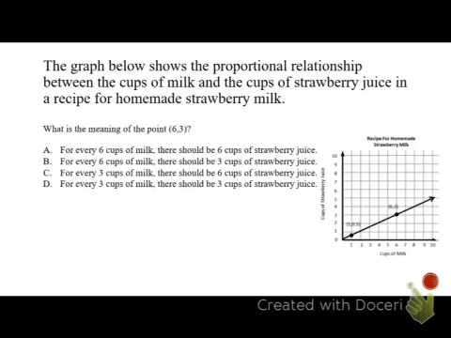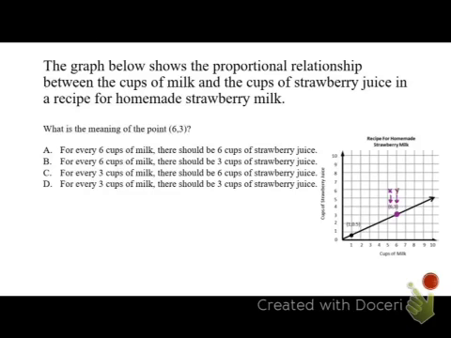Next, we have a graph that shows a proportional relationship between the cups of milk and the cups of strawberry juice a recipe calls for homemade strawberry milk. We want to know, what is the meaning of the point (6, 3)? We can identify that point on the graph, in which 6 is our x value and 3 is our y value.